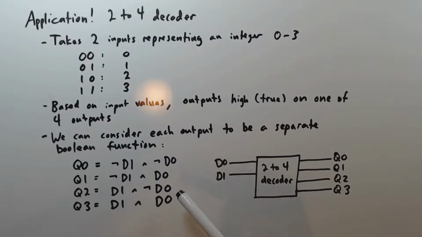And then so forth for the other outputs. Q1, that should become true when D1 is false and D0 is true. Q2 is true when D1 is true and D0 is false. Q3 is true when D1 is true and also D0 is true. Okay, so let's look at a schematic of a design for what logic goes inside this 2-to-4 decoder.